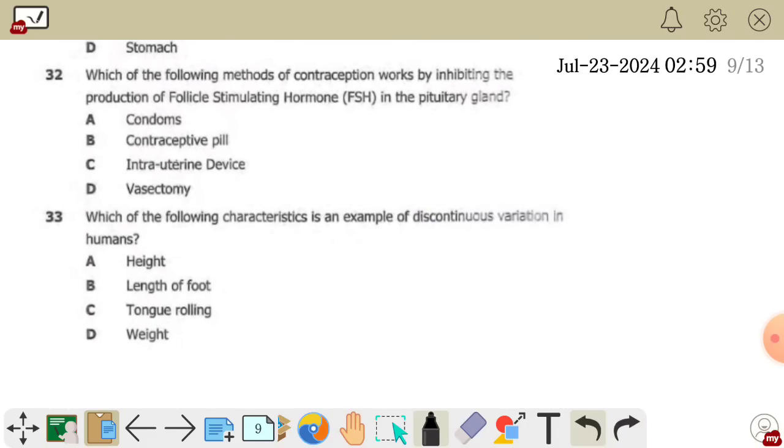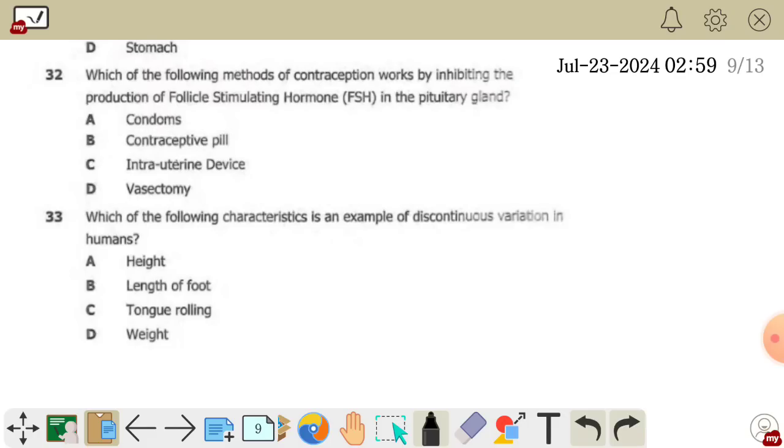Question 32. Which of the following methods of contraception works by inhibiting the production of follicle-stimulating hormone in the pituitary gland? So the one which inhibits follicle-stimulating hormone in the pituitary gland is the contraceptive pill. So the contraceptive pill is the hormonal way of preventing pregnancy.